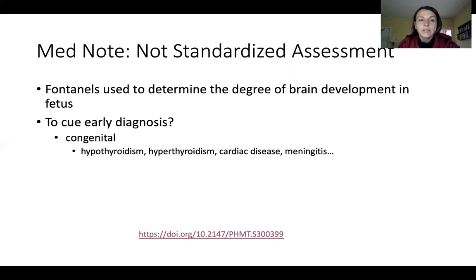And what they found in the study is just that there's a lot of statistical significance in relation to the size versus the labor, the mother, the male or female. So there's a lot of different variables that are going to impact the measurement here. And therefore, there's more variables to account for in order to be able to determine an early diagnosis. So a lot more research will have to happen before this can become something that's standardized.